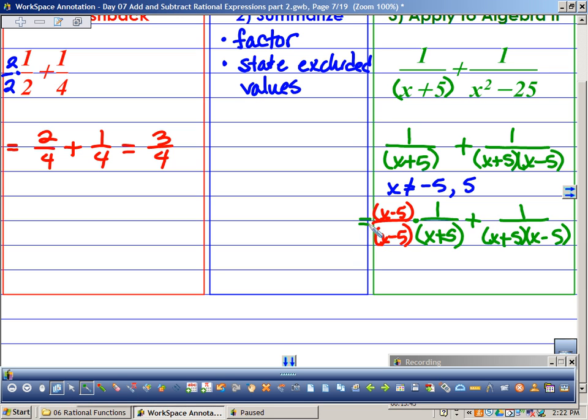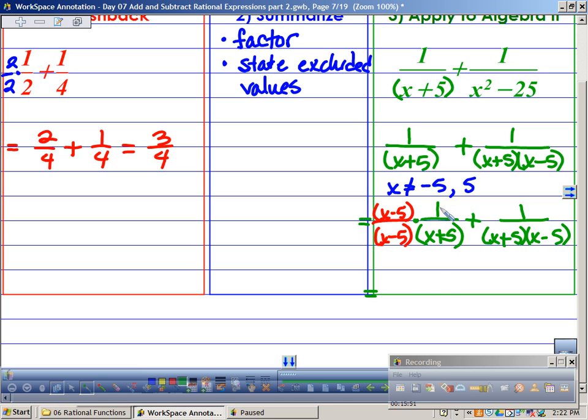All right, so that was an equivalent expression. Now here's another equivalent expression. x minus 5 times 1 is just x minus 5 over x minus 5, x plus 5. I normally wouldn't do this extra step, because right now I can look at it and see that they're the same, right? And if my denominators are the same, I can combine my numerators.